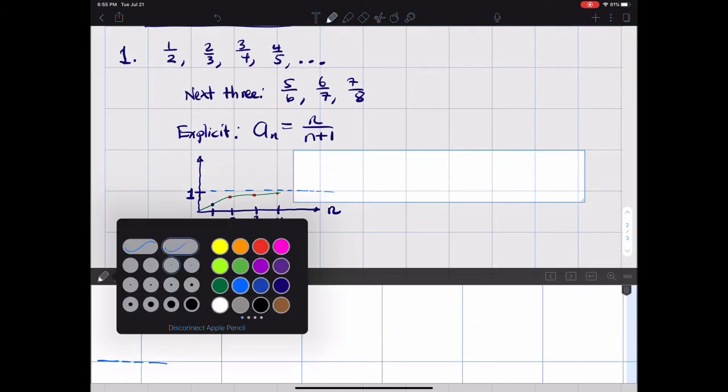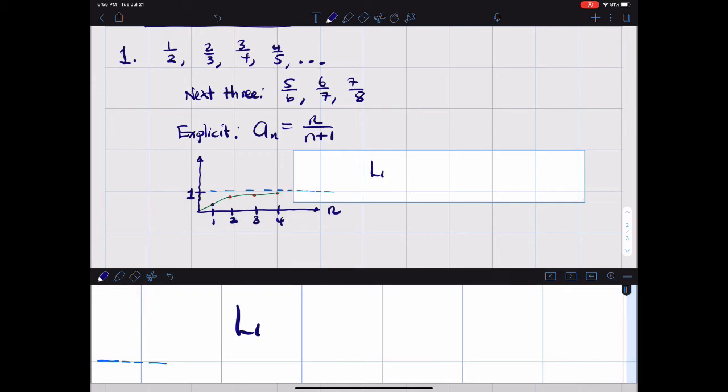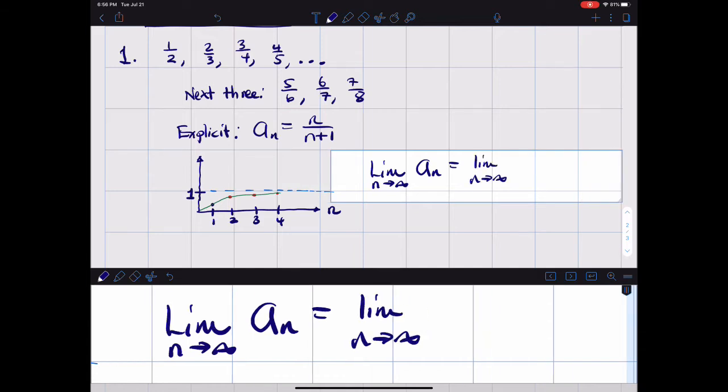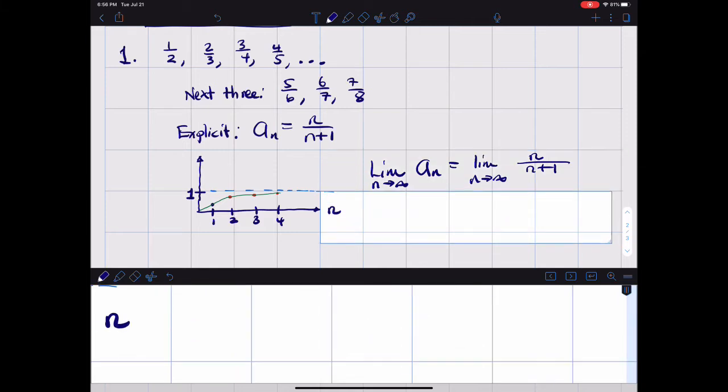So with this, we can see that the limit as n goes to infinity of a_n is the limit as n goes to infinity of n over n plus 1. If you remember your limits very well, you know that this is just equal to 1, right? You don't have to do a whole lot. You can just look at it and see that it's 1.